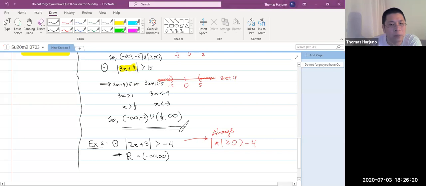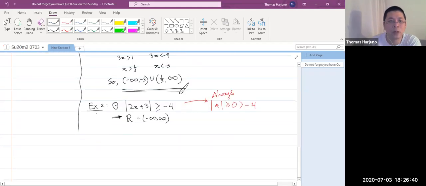Now you can try, pick any x you like. Choose an x, plug that in, and you will get a correct statement. In fact, this is still true even if you use the equal sign here. Now, what happens if I use 0 instead?